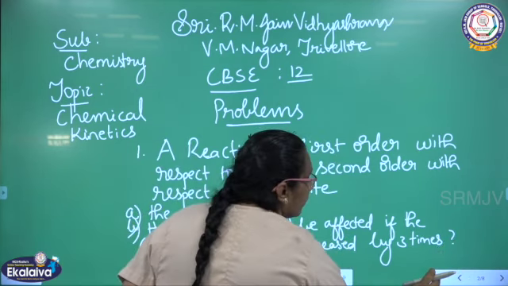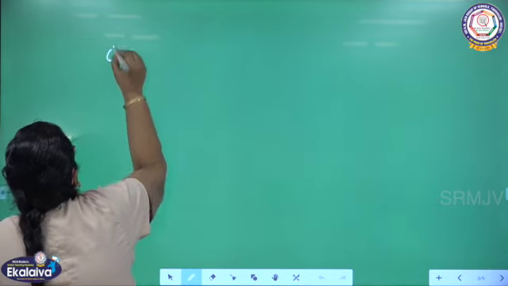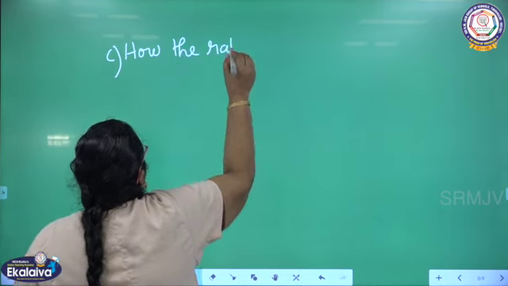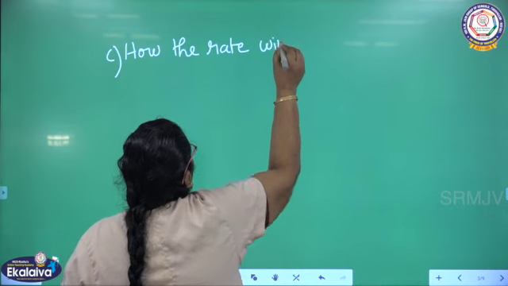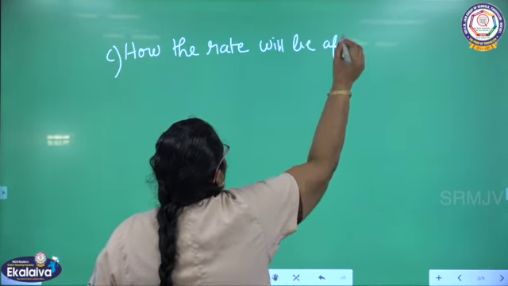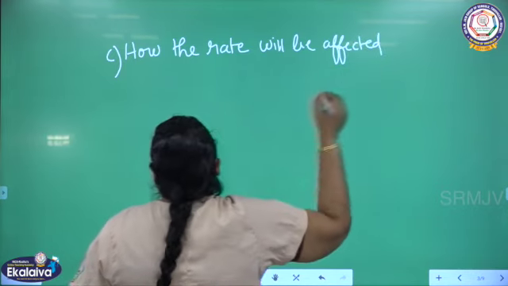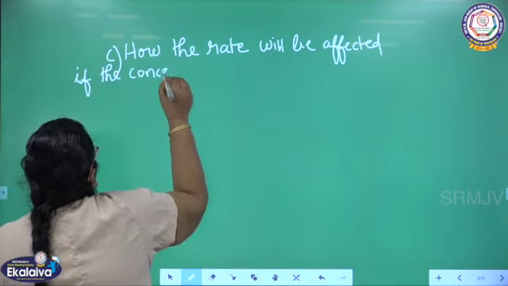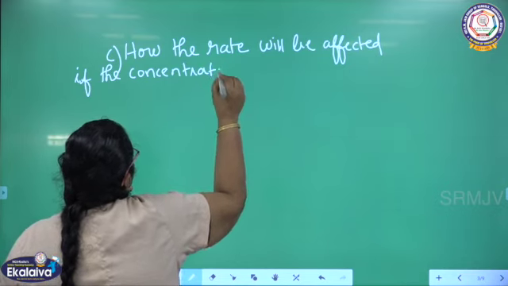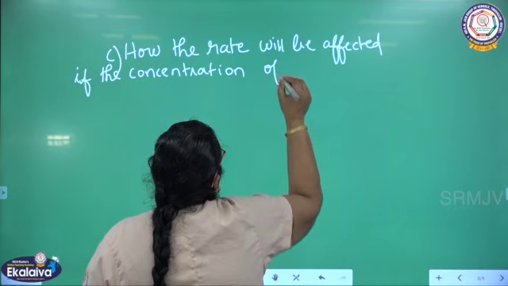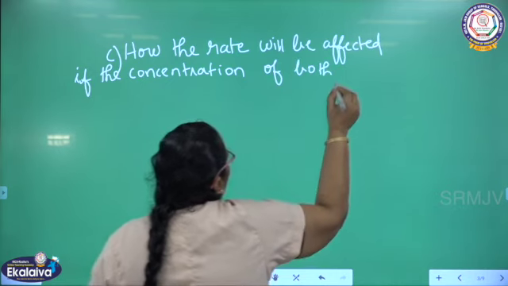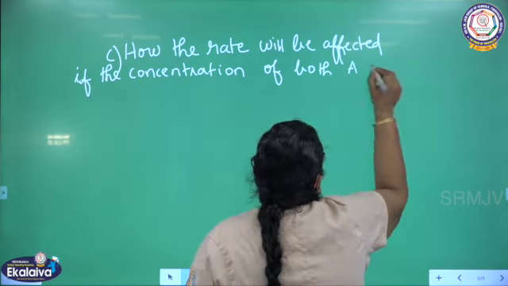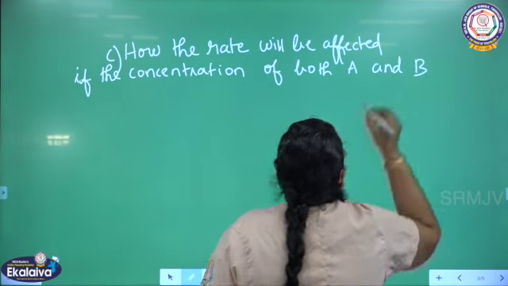And the next question is, C question, how the rate will be affected if the concentration of both A and B doubled.